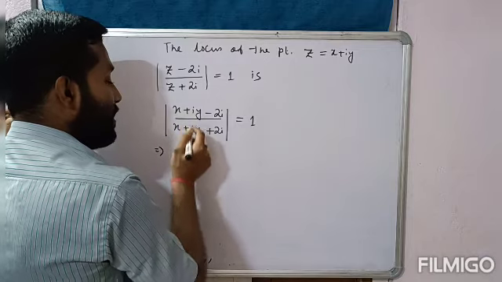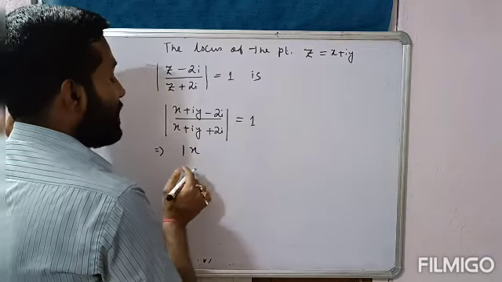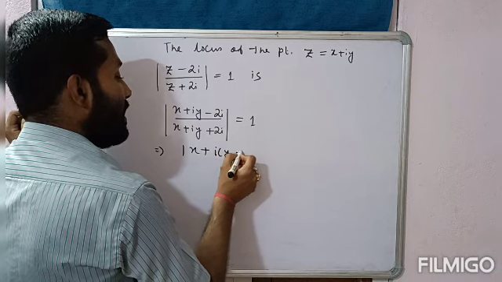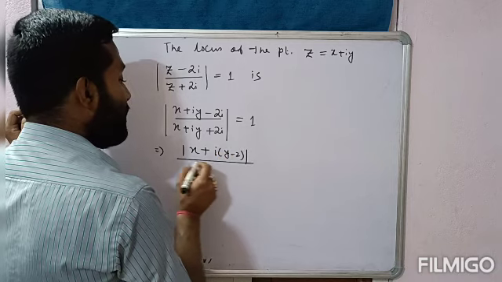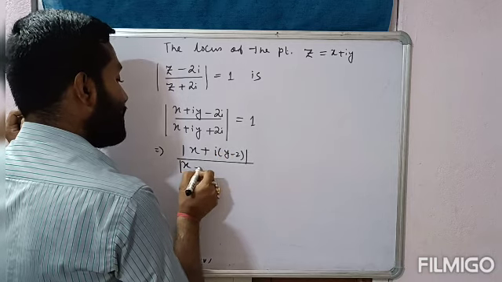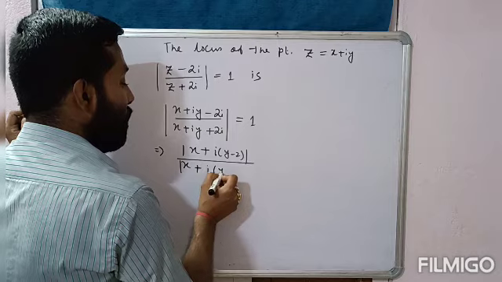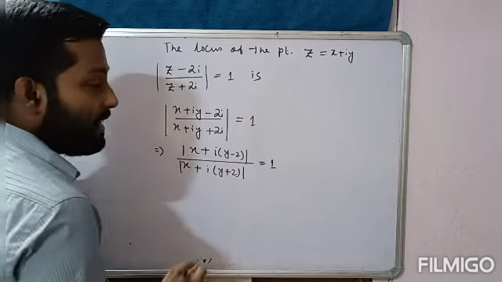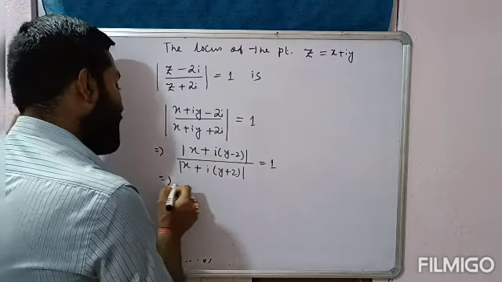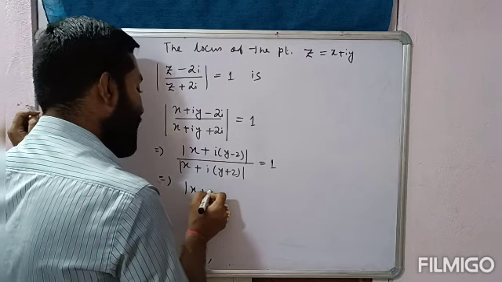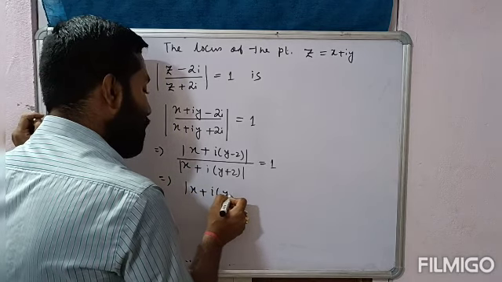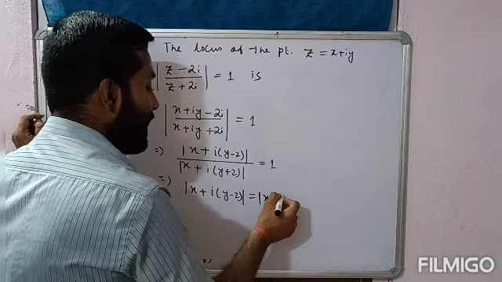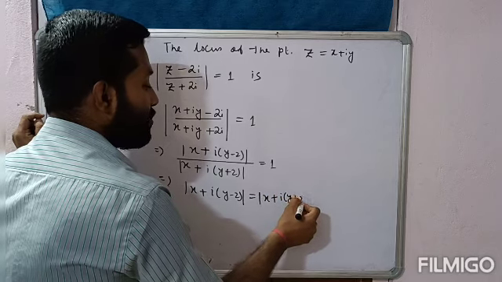Now better you do one thing, we can separate the real and imaginary part, that is modulus of (x plus i(y minus 2)) divided by modulus of (x plus i(y plus 2)), which is equal to 1. Alright. Now you do one thing, क्रॉस मल्टीप्लाई कर देने से और भी अच्छा हो जाएगा. Modulus of (x plus i(y minus 2)) is equal to modulus of (x plus i(y plus 2)).